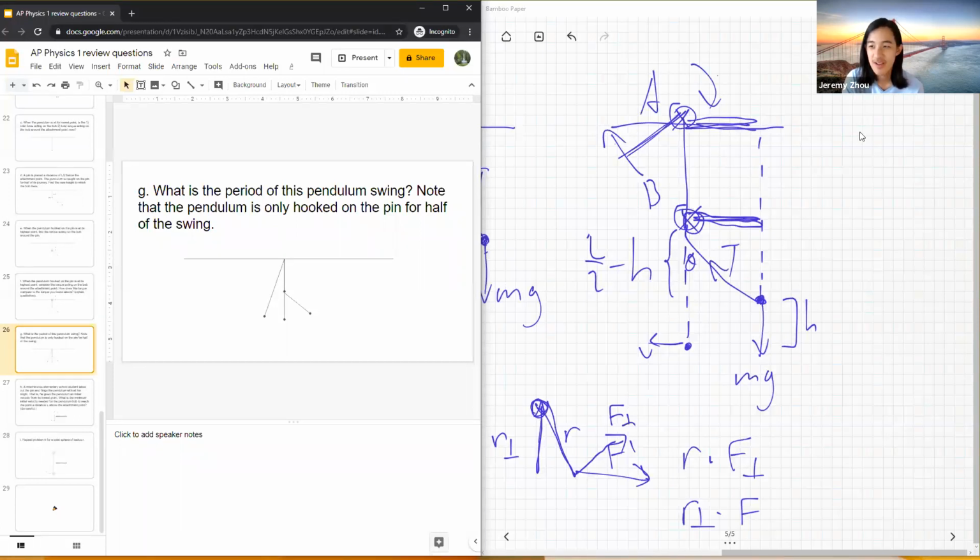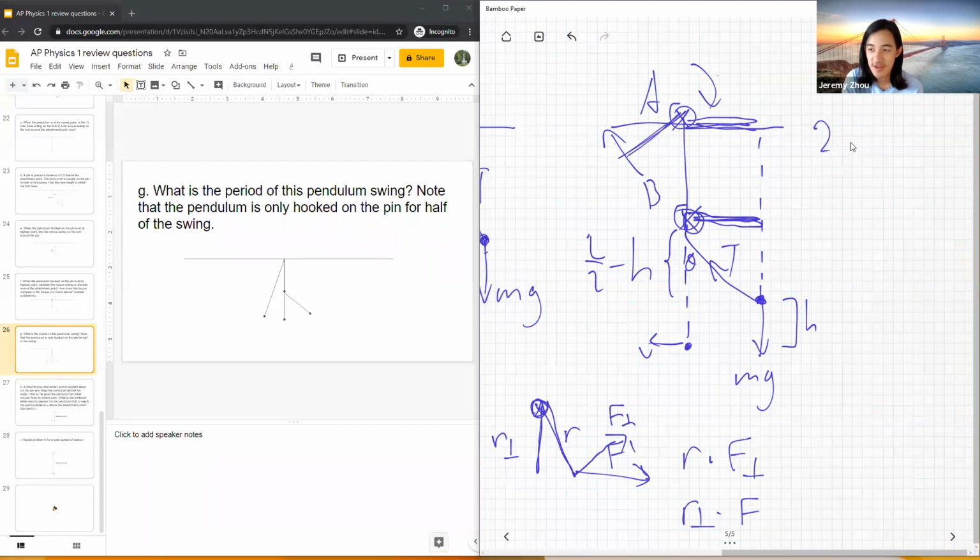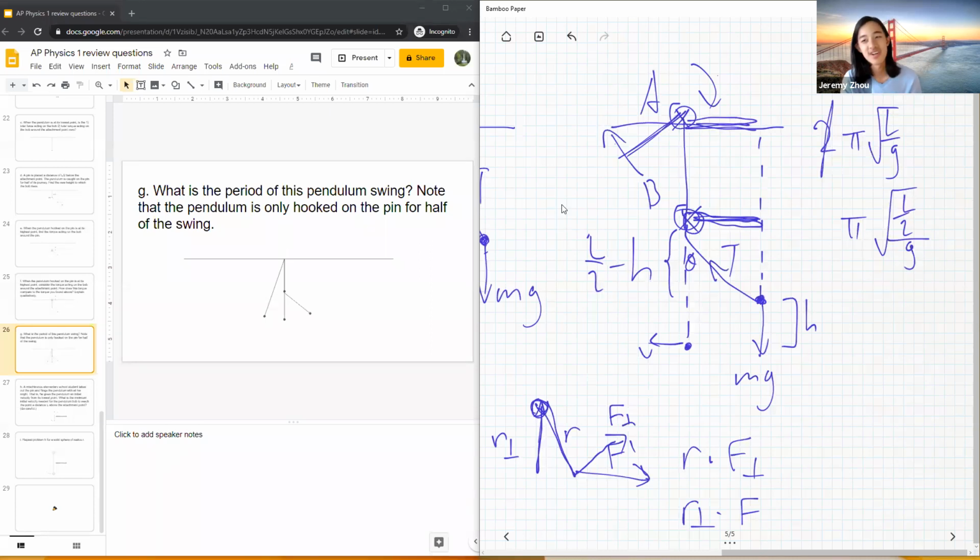As people have said, the period of the regular pendulum without the pin is 2 pi root L over G. So we take half of this, and then half of this short one, which is pi times root L over 2 over G. You guys know how to calculate this.